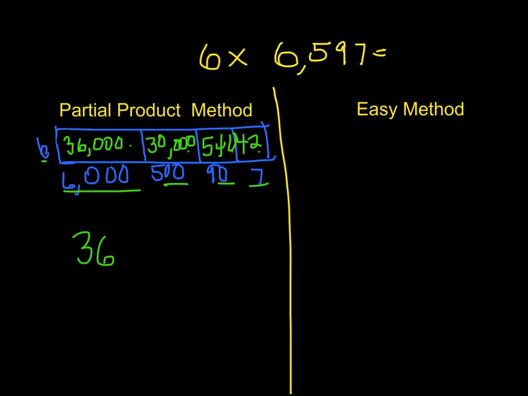So 36,000 plus 3,000. Caught my mistake. Revise my work. 3,000.